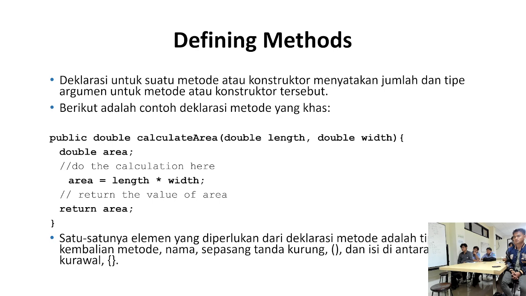Then in the body we have variable area, and area equals length cross width, return area. Because there is a return, we call it a function. Methods with a return are functions. If there is no return, we call it a procedure.